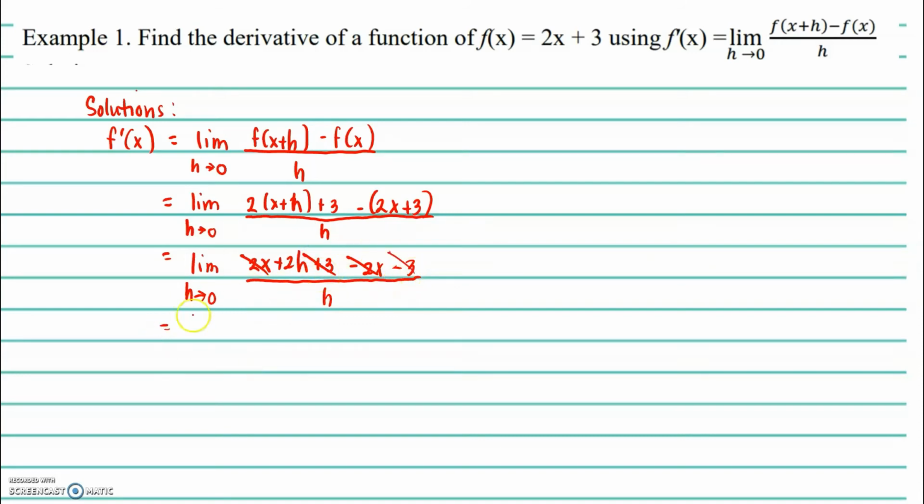So we are left with the limit of 2h over h as h approaches 0. We can divide out h, so we are left with the limit of 2 as h approaches 0. Now here, the limit of a constant, so we have 2. So the derivative of our function 2x plus 3 is 2.